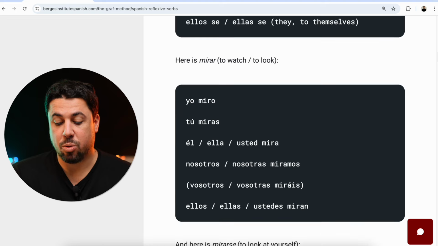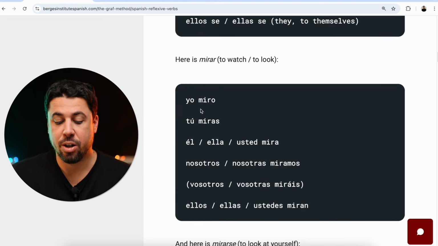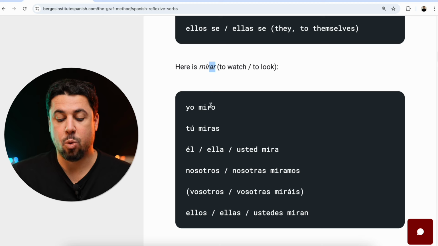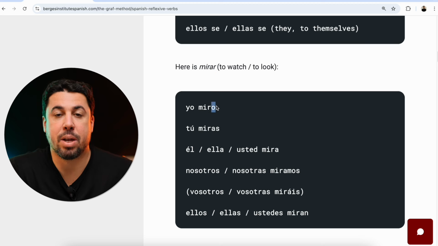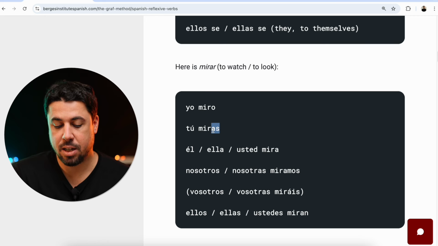So mirar, to watch or to look, is a standard regular verb ending in AR. To conjugate a regular verb ending in AR, we just drop the AR part and we apply the endings for regular verbs ending in AR, which are o, as, a, amos, ais, an.